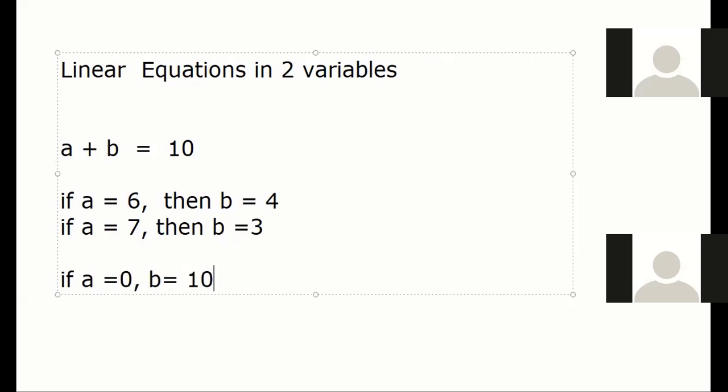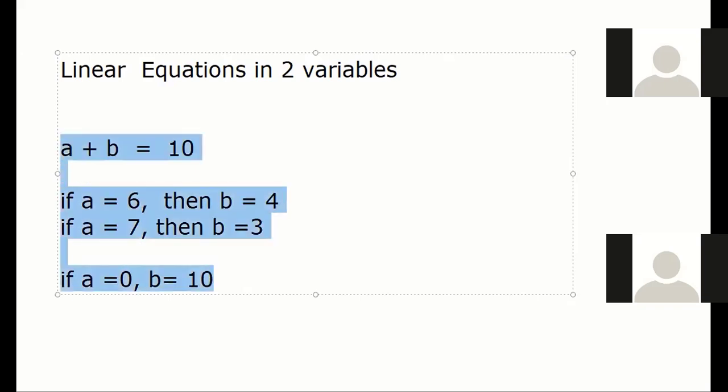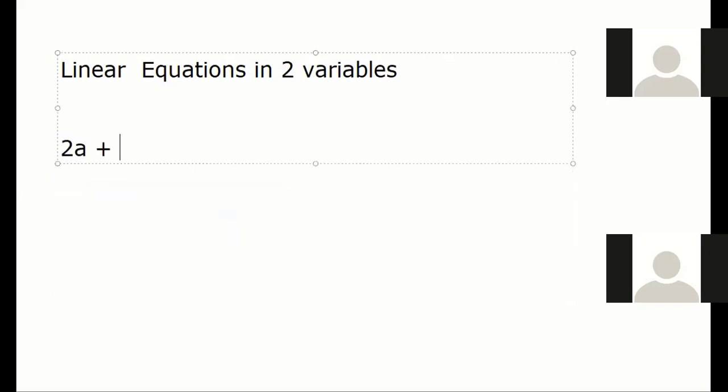So that's why, if you have to get a unique solution, there must be at least 2 equations. So that is what a linear equation is, and what a linear equation in 2 variables is. Correct? If I write 2a plus 3A equal to 5, is it a linear equation or not? How many variables does it have? 1 or 2? 1.